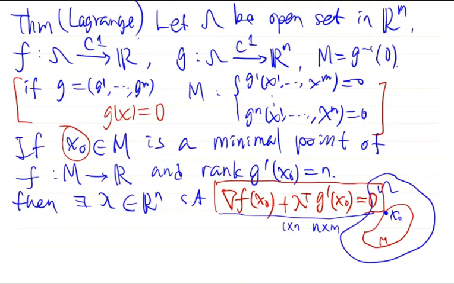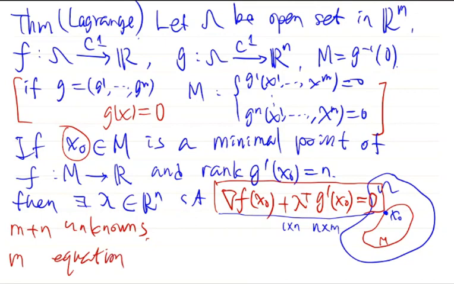But lambda is also not known. x0 has m coordinates, so m unknown numbers, and lambda has n coordinates. So altogether we have m plus n unknowns, but we only have m equations, because this equality is an m-dimensional vector equality, so m scalar equations.